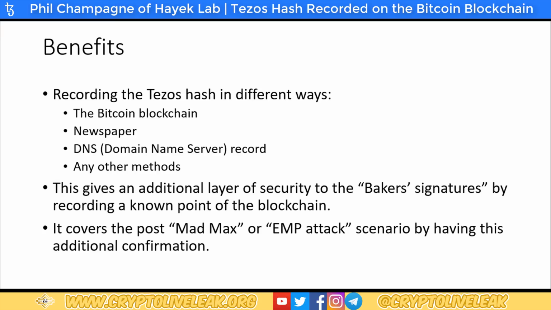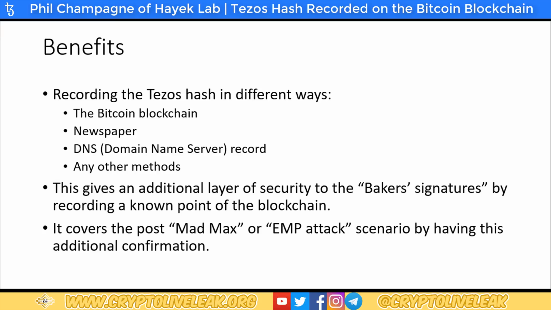Then you're increasing the security and integrity of the past blockchain, and further back in time you've got everything covered. It covers those very crazy, rare events like a Mad Max or EMP attack, where recovering information will need any kind of additional source to validate where we were at.